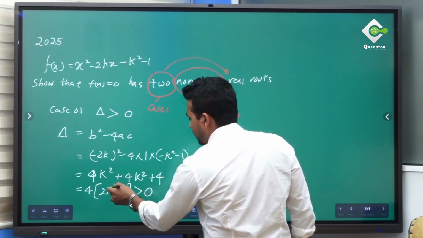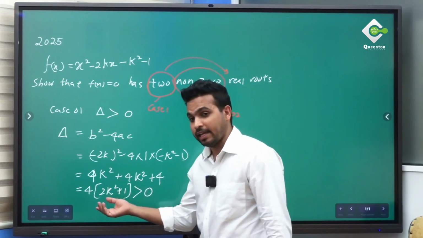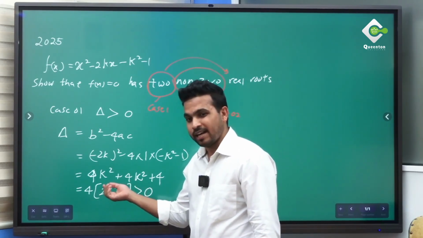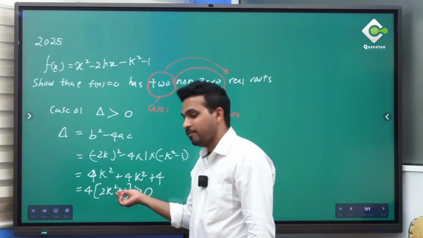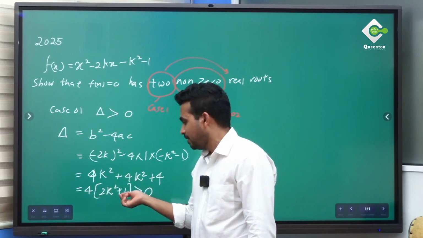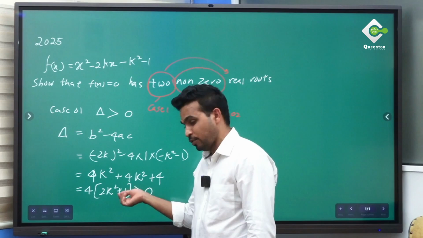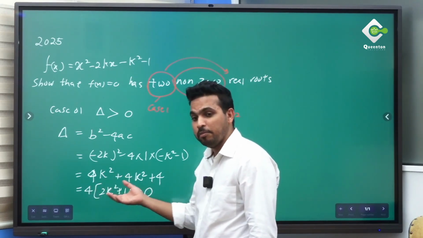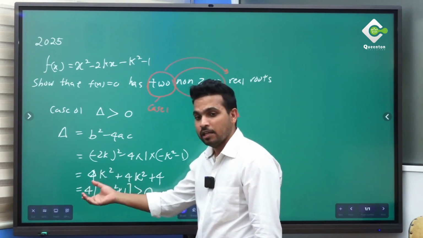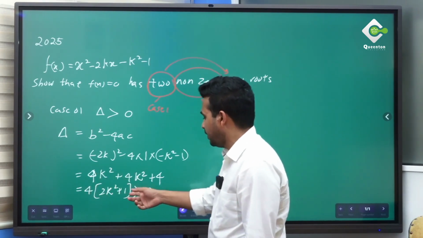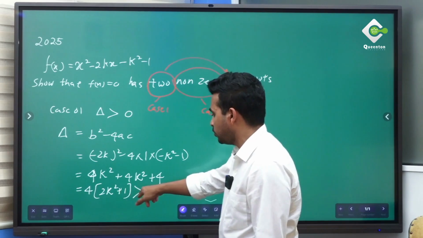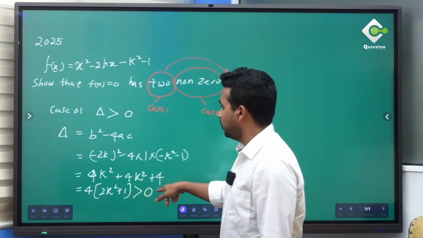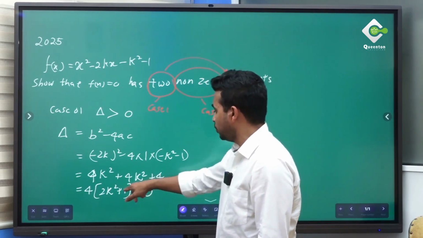Because if you put values for k, k squared is greater than or equal to 0, but we are adding 1 more, so this can never be 0. So 2k squared plus 1 should be greater than 0, right? It should be greater than 0.